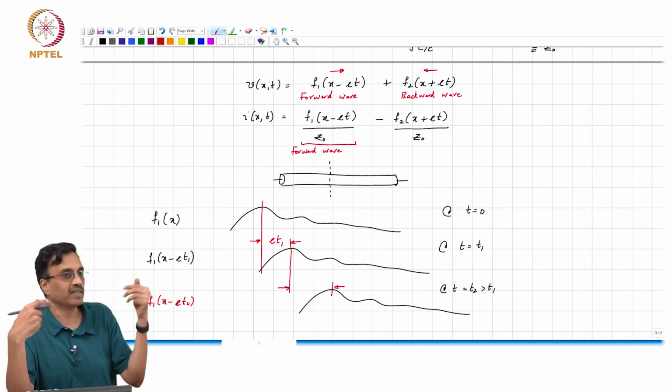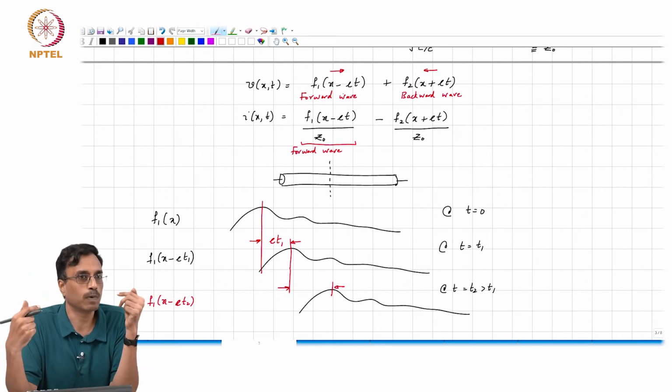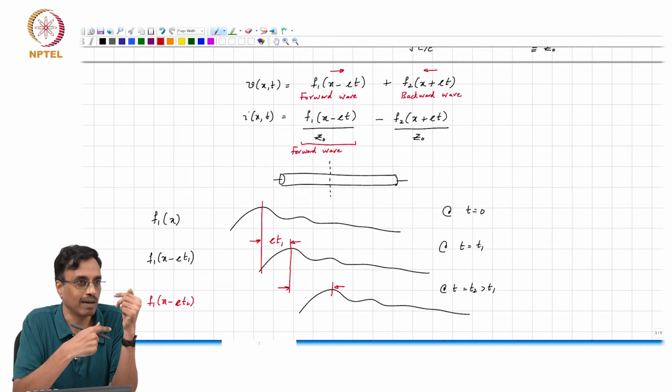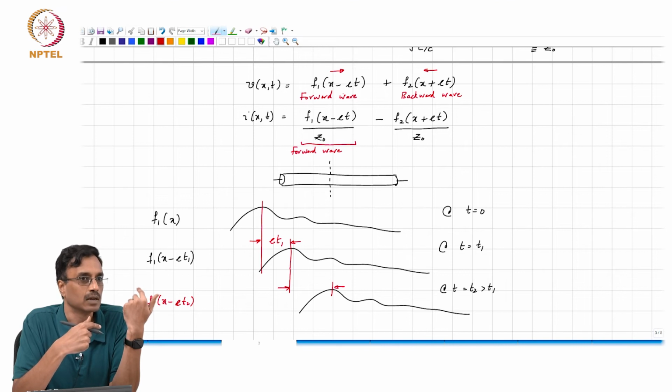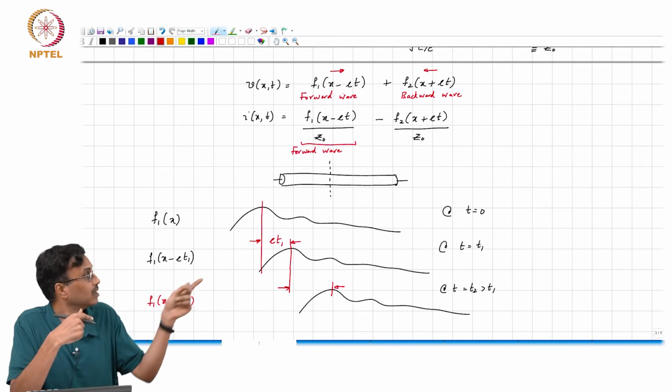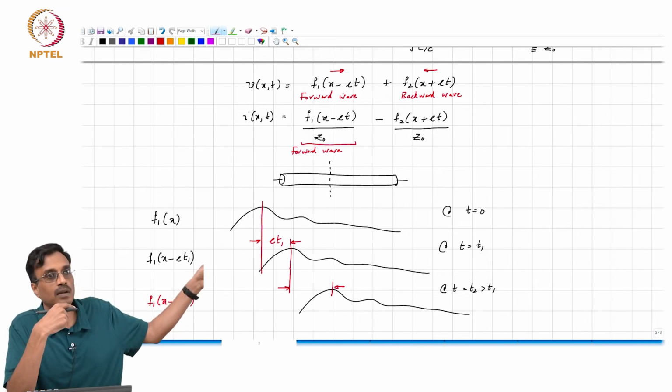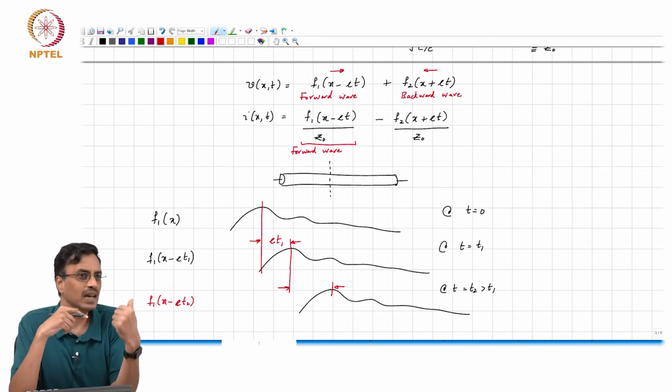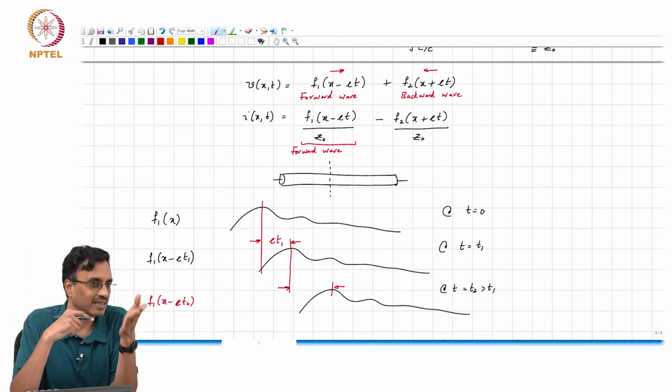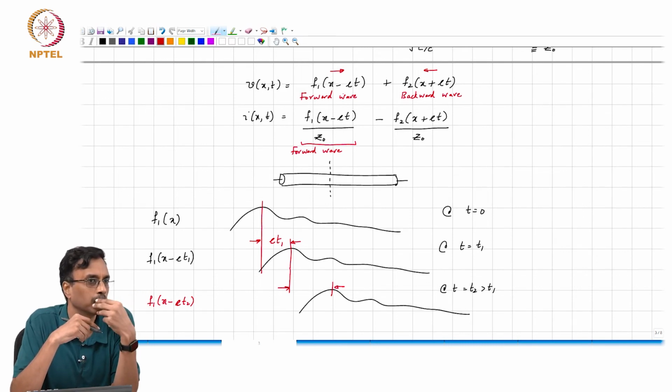So, it stands to reason that the current that corresponds to the backward travelling wave is going in which direction? It is going in the opposite direction, alright.